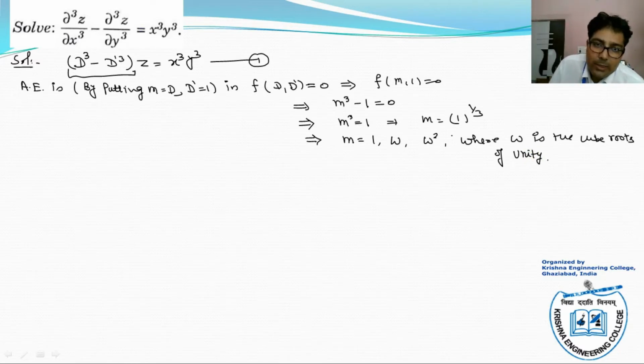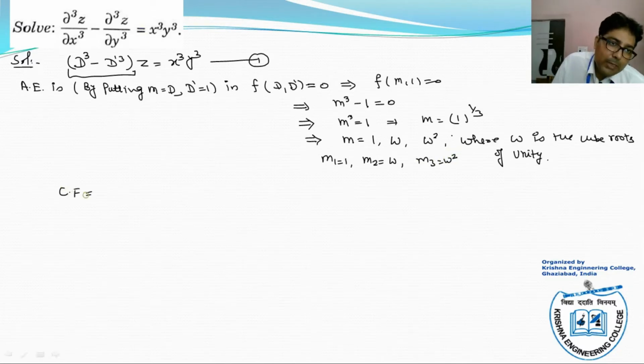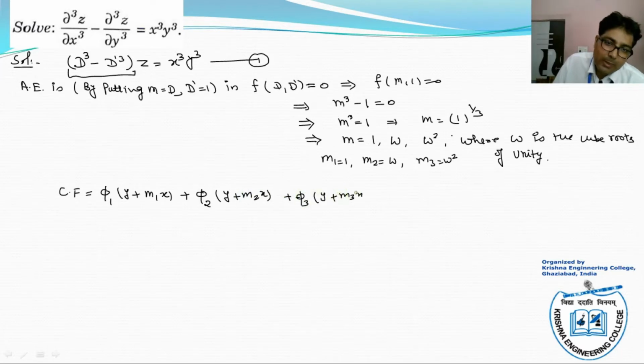That means let us take m1 is equal to 1, m2 is equal to omega, m3 is equal to omega square. So CF in this case is equal to phi 1 of y plus m1 x plus phi 2 of y plus m2 x and phi 3 of y plus m3 x.